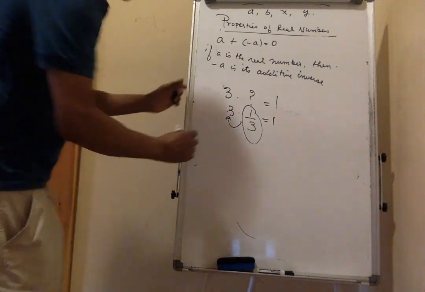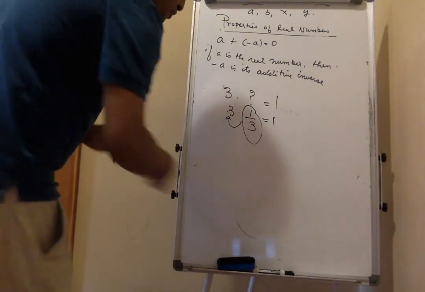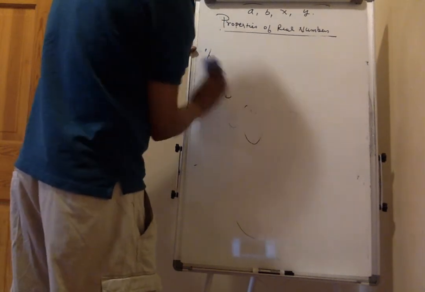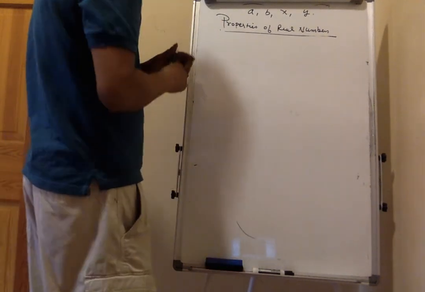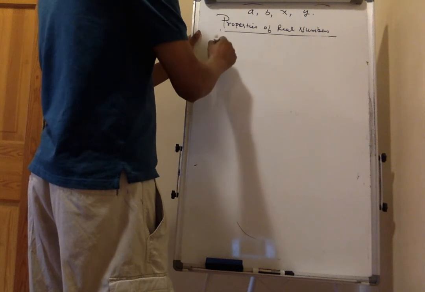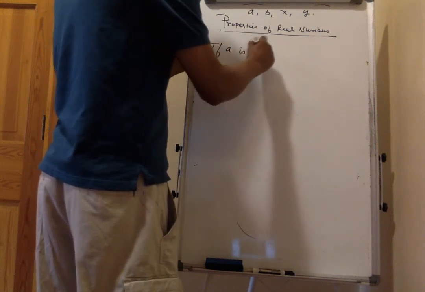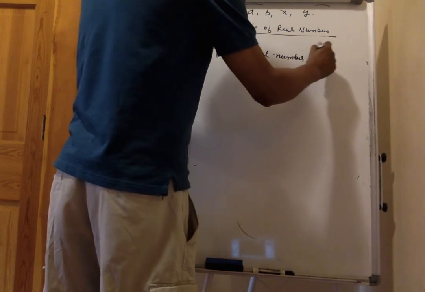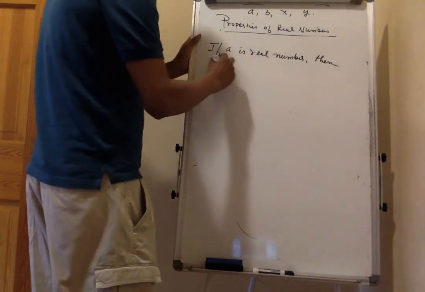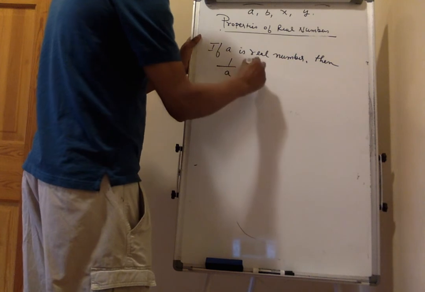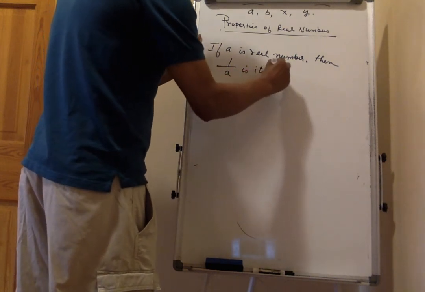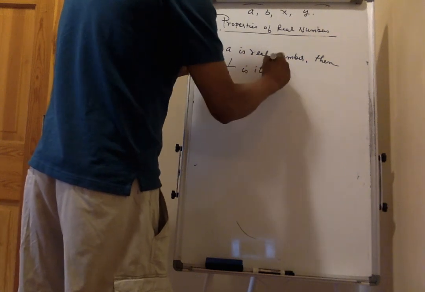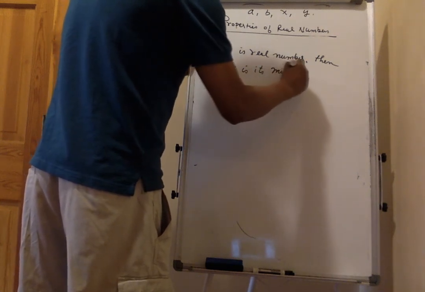Let's define it. Let me just put this out. If a is a real number, then 1 over a is its multiplicative inverse.